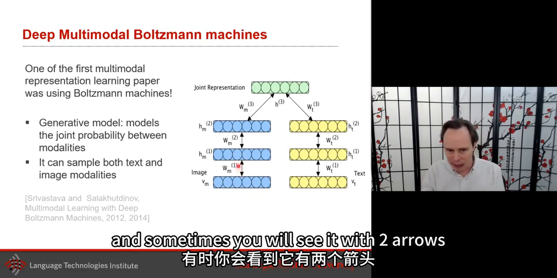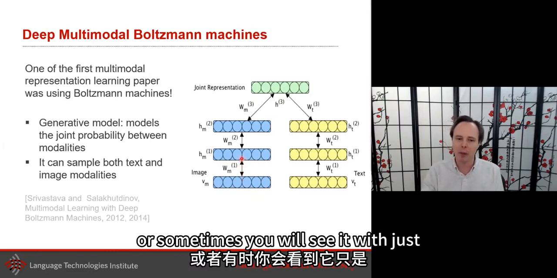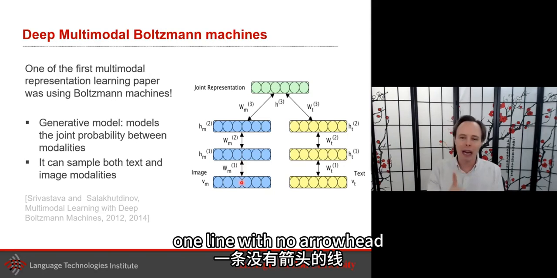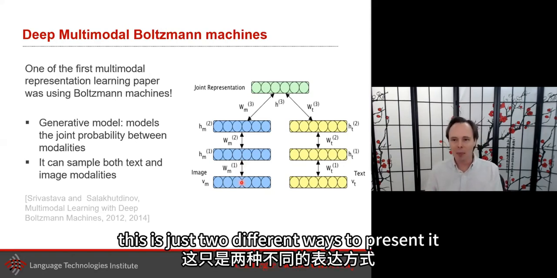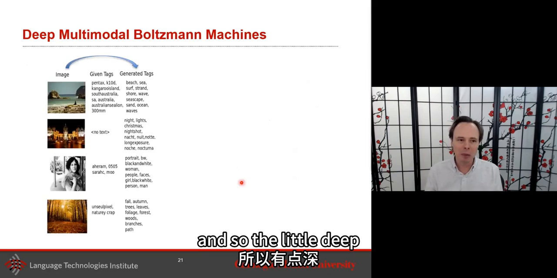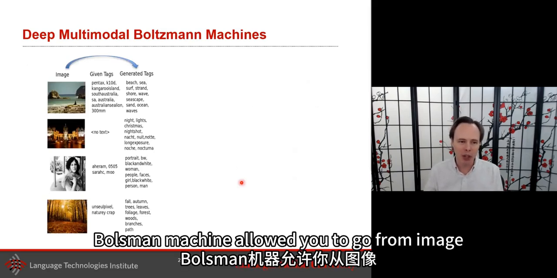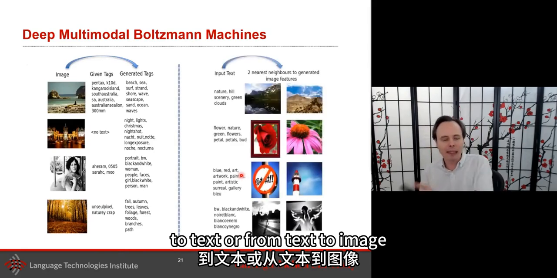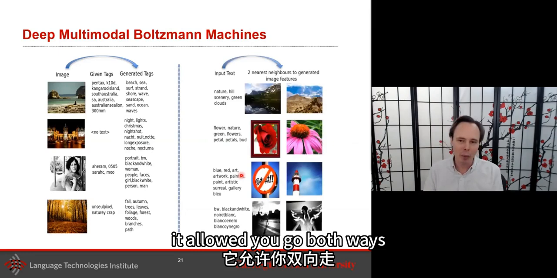Sometimes you will see it with two arrows, or sometimes with just one line with no arrowhead. These are just two different ways to present it. The multimodal deep Boltzmann machine allowed you to go from image to text, or from text to image. It allowed you to go both ways.